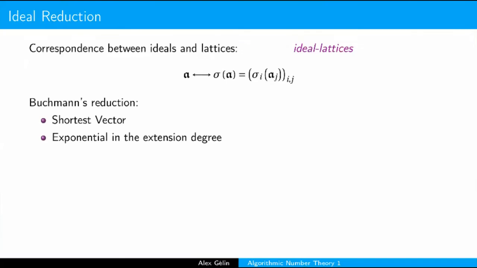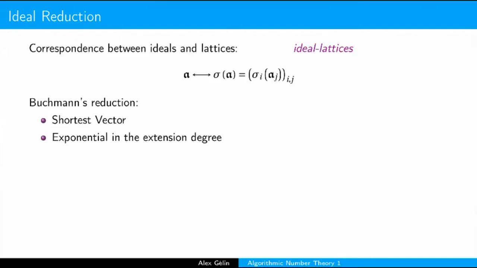That enlarges the probability that it splits. If the norm is smaller, then the probability of splitting over the factor base is larger, of course. The problem is that this algorithm, finding the shortest vector, is exponential in the extension degree. That's why Bowman, in his results, must fix the extension degree. Otherwise, it's no more a sub-exponential algorithm.